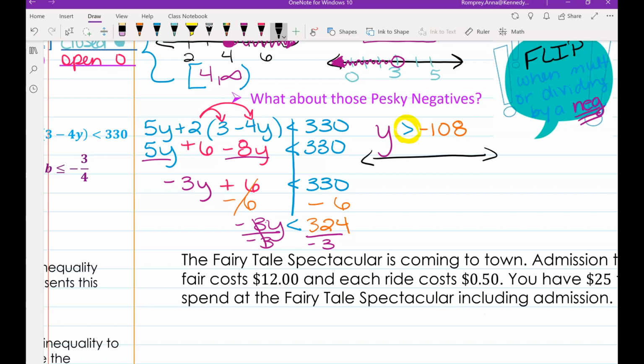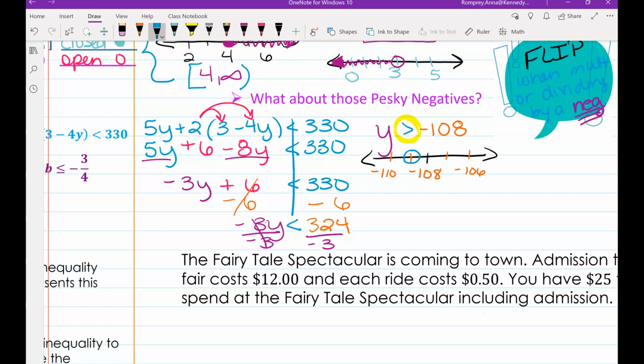So number line, -108. That's where I start. So a couple smaller, -110. A couple larger, -106. Alrighty, so at -108, is it open or closed? Open, because it is not equal to, it is not included.